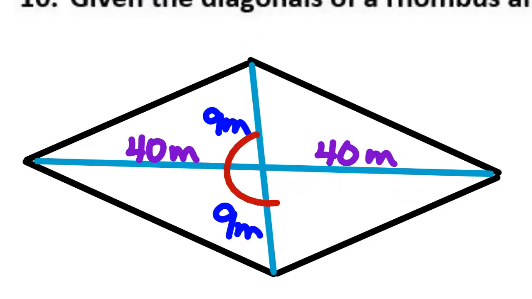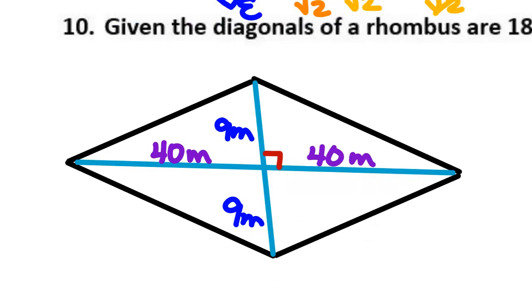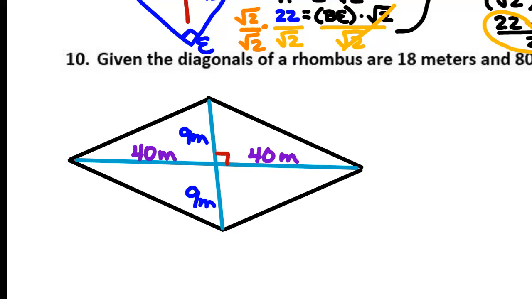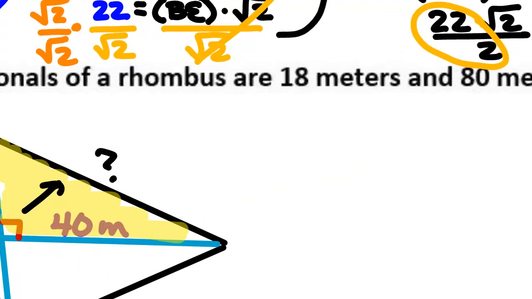What do we know is happening right here where the diagonals are crossing? Right angles. And we are supposed to find the perimeter here. Let's look at just one of these triangles. I have a right triangle, and I want the outside piece. What can I use to find that? Pythagorean theorem.